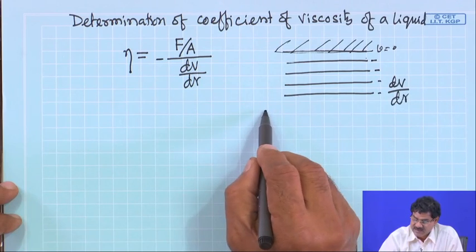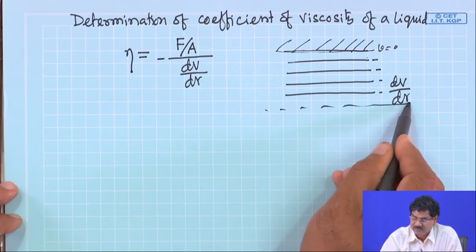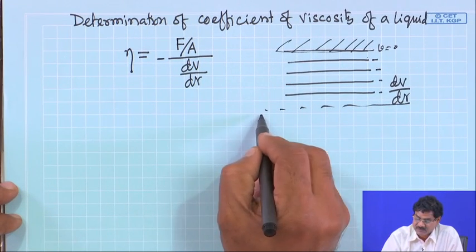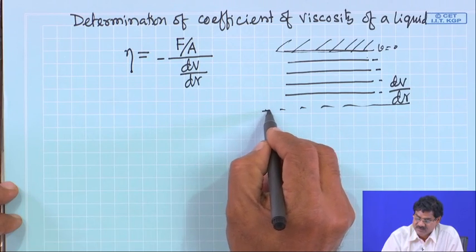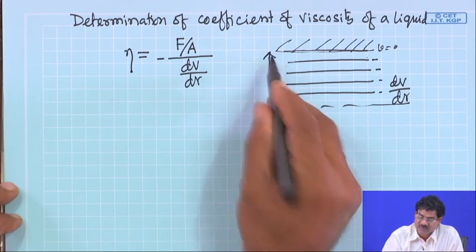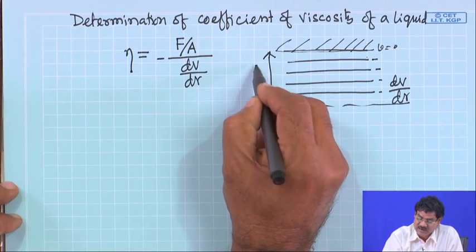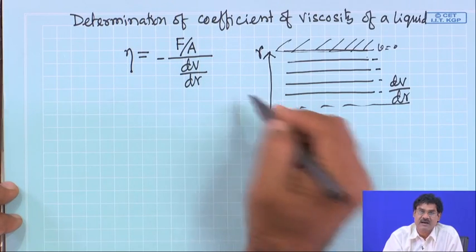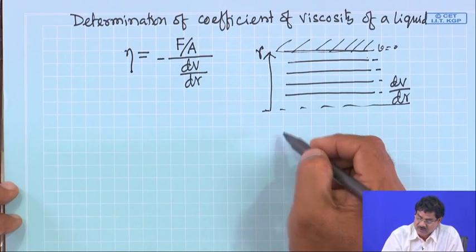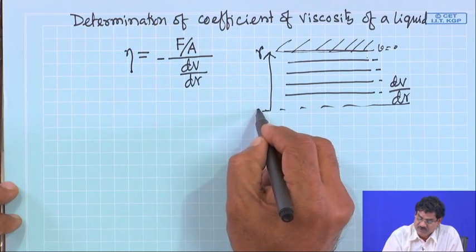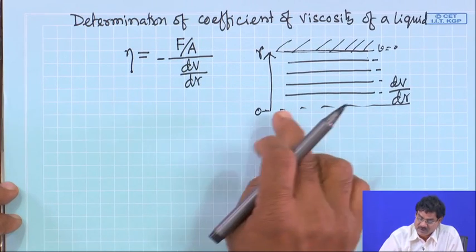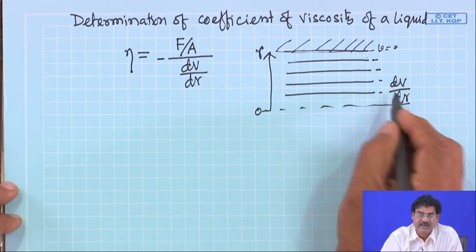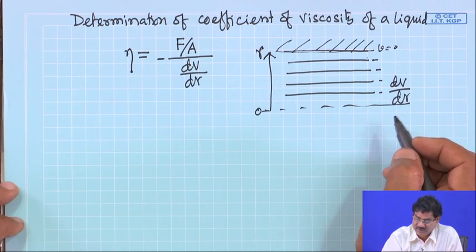Okay. If we measure distance from here, so if we go up, it is just changing r. So, here r equal to 0. So, the velocity gradient is basically negative.